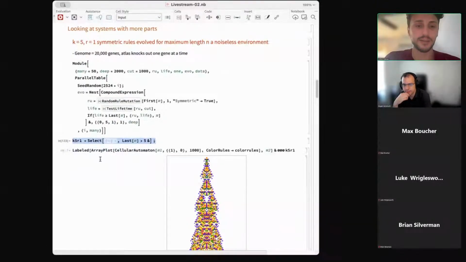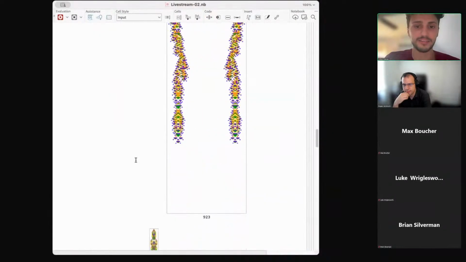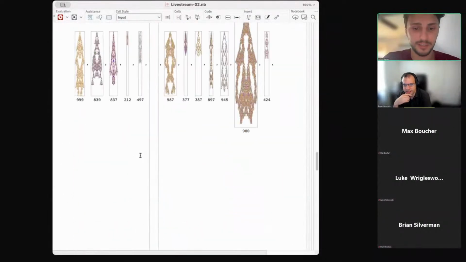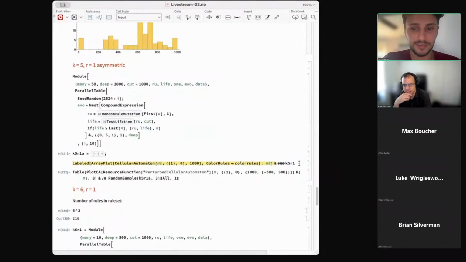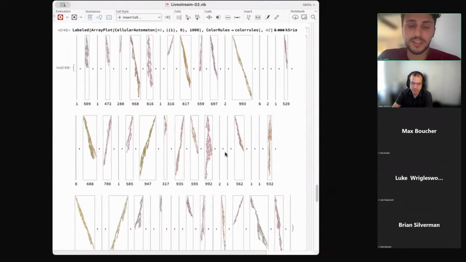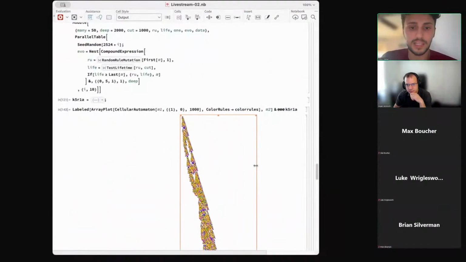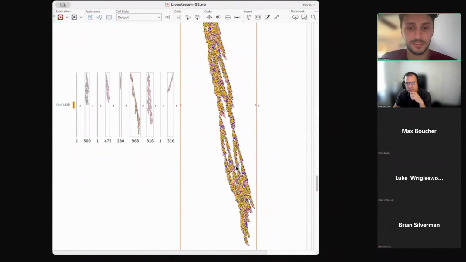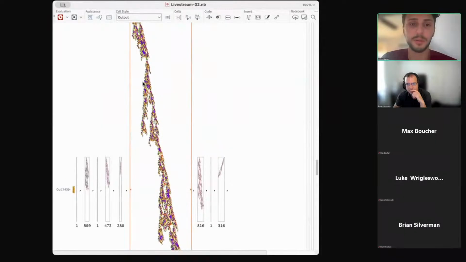I think symmetry is really common, so when our eye sees symmetry, we like it. These are the same setup, but asymmetric. To me, at least, they look less biological, more almost alien, and they don't have as much repetition in their structure.